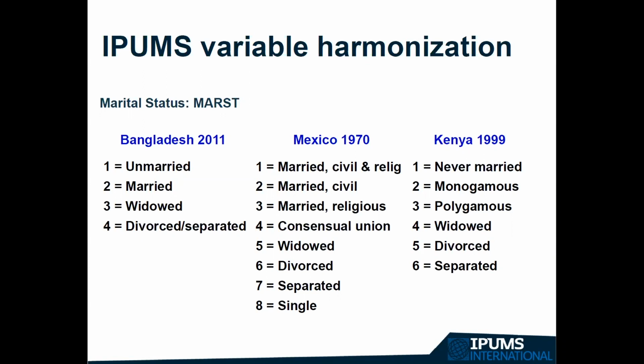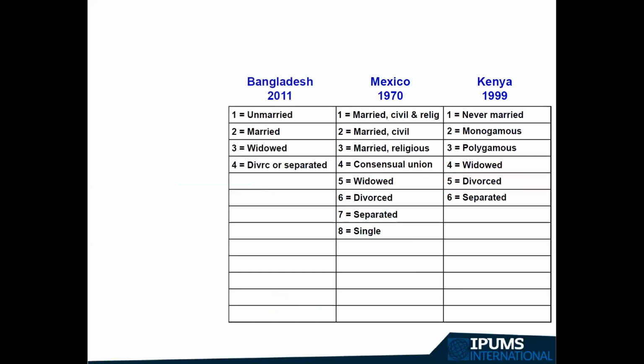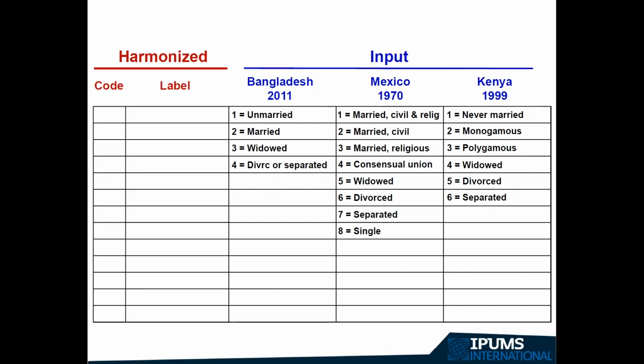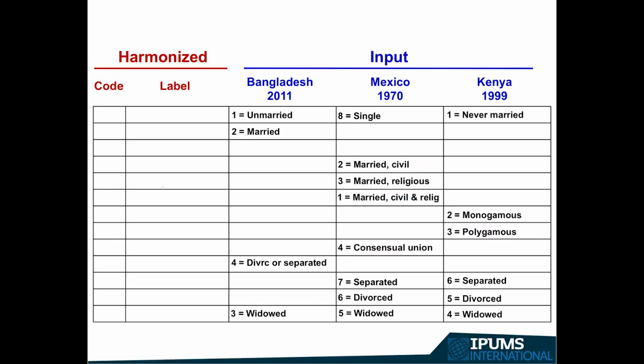So that's where IPUMS comes in. We try to relieve researchers of this burden by taking the original country-specific coding schemes, aligning codes that have the same meaning, and assigning a new code and label that is applied to every census sample in the IPUMS International database.